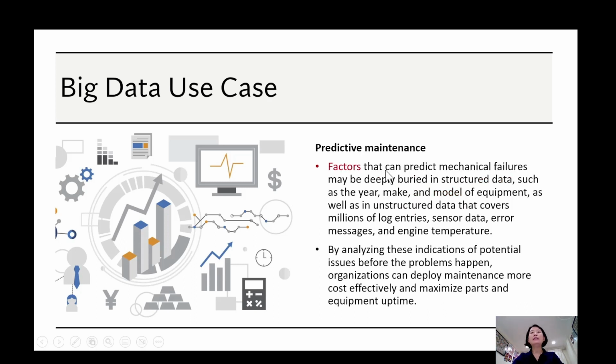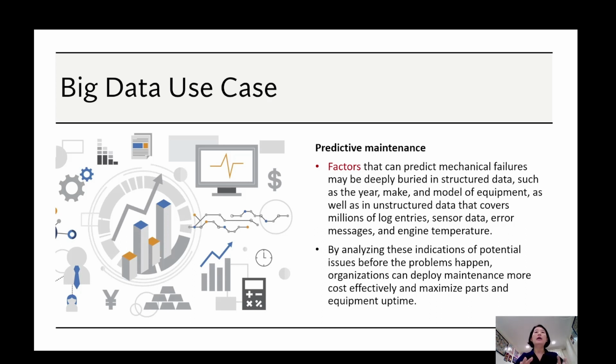Predictive maintenance: factors can predict your mechanical failures. For example, you have the year and model of your equipment or hardware, and then you might have data about your log entries, who is using it at what time and how intensively, sensor data, error messages, and the engine temperature.